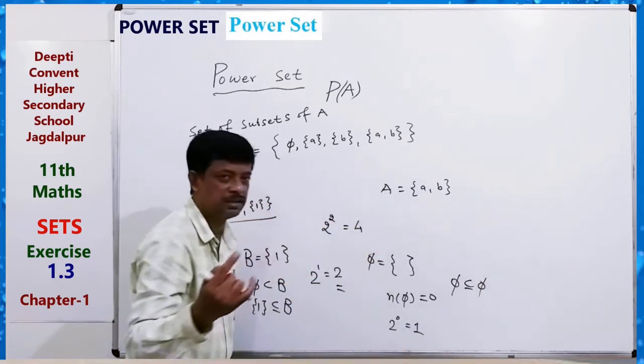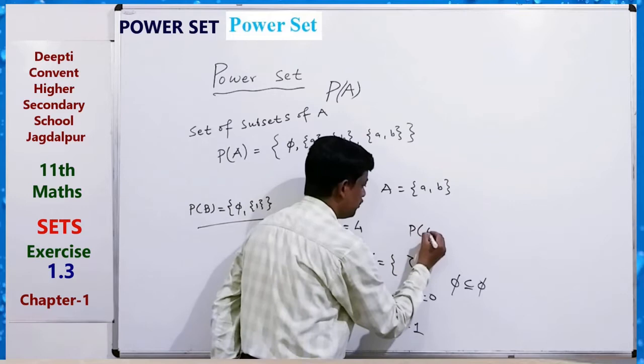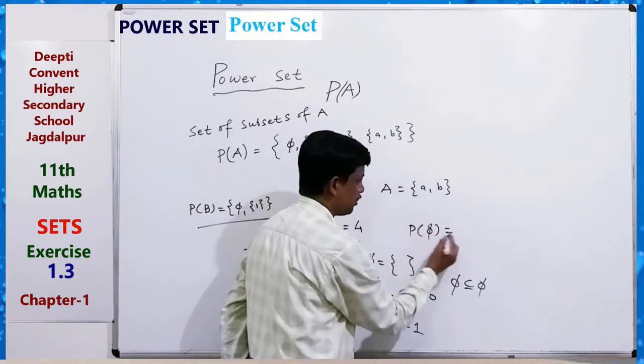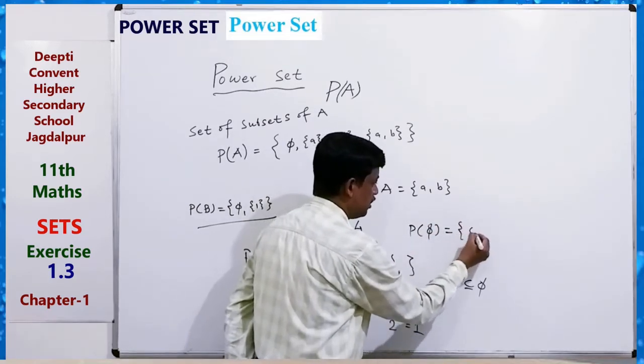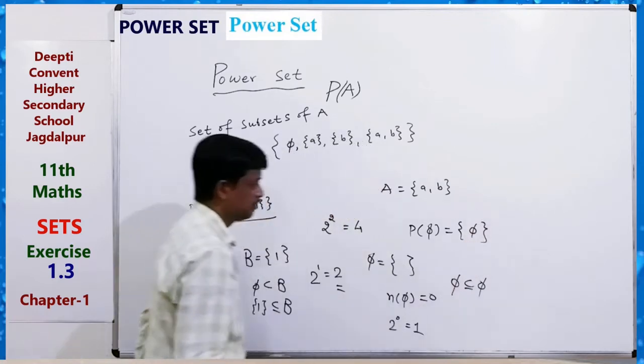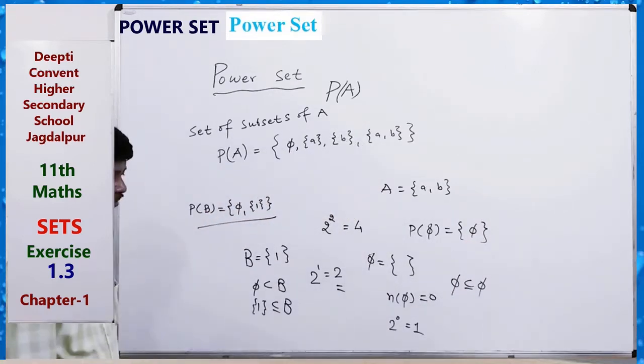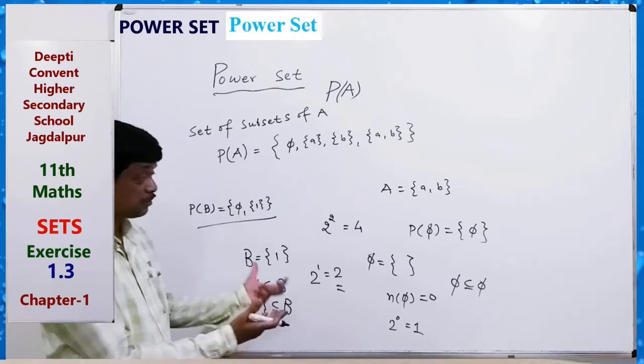So there is a single subset. The power set of ∅ is only {∅}, one subset. Clear?